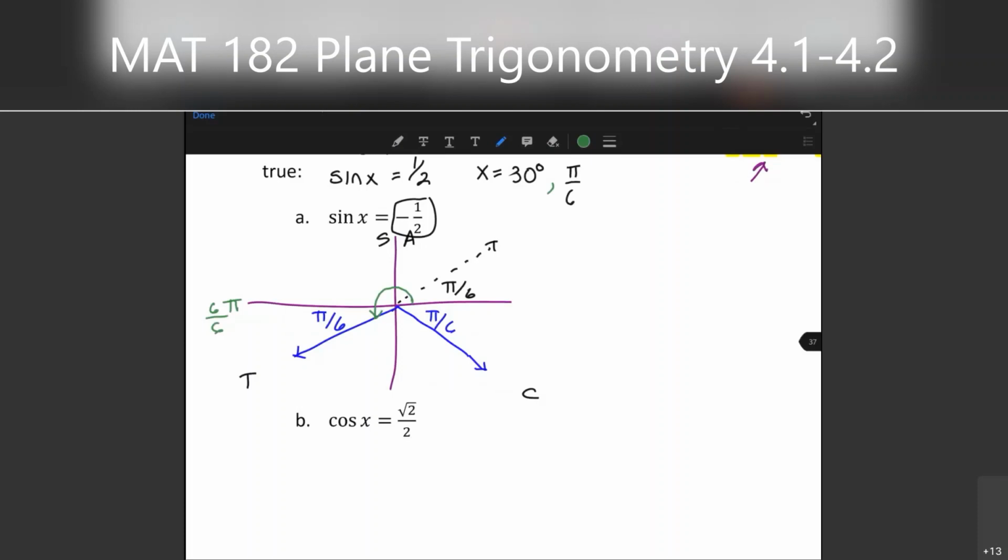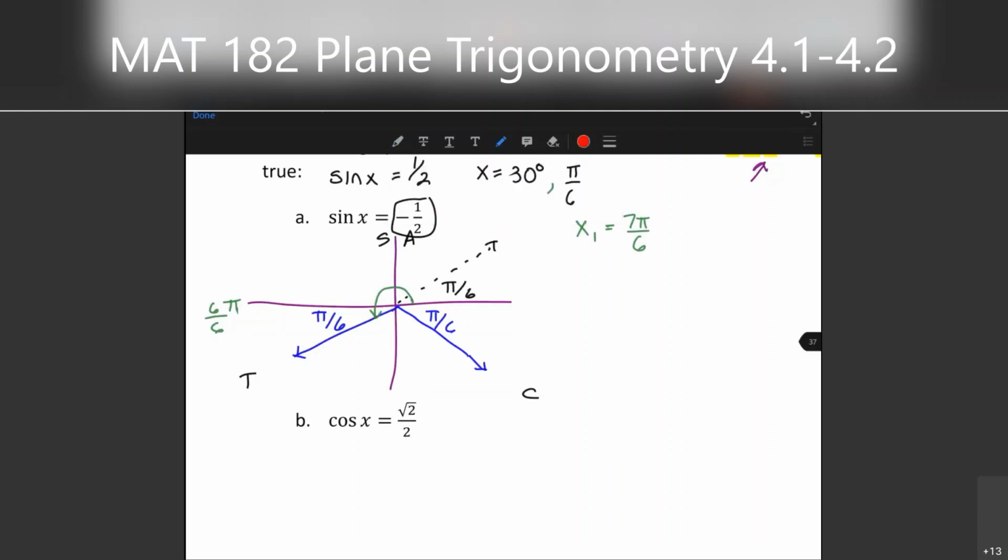So if I add 6 over 6 and another 1 over 6, yep, Adrian, you got it. So 7 pi over 6. Let me call this angle x1. So my first solution is 7 pi over 6, in green. Excellent job.